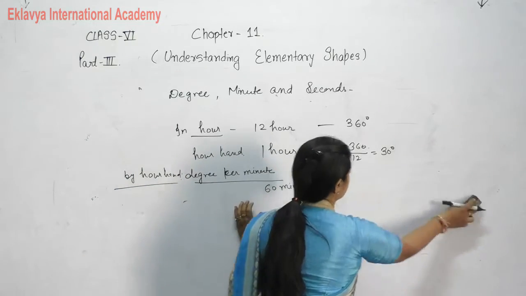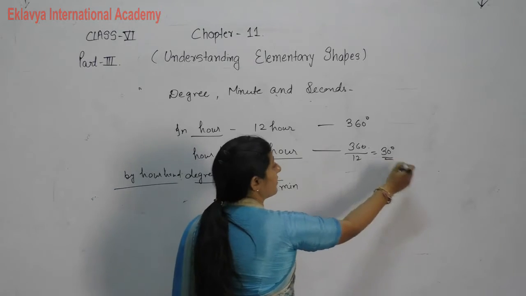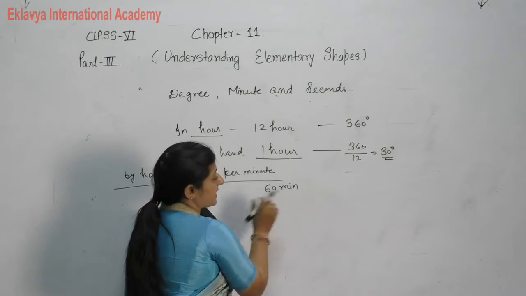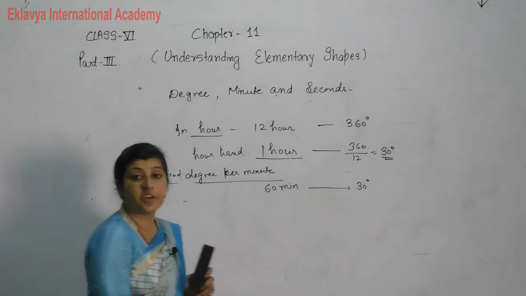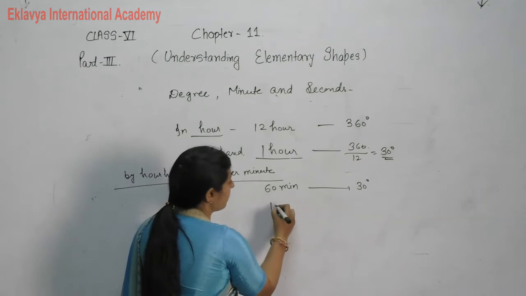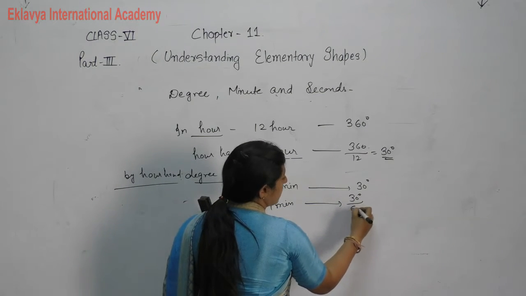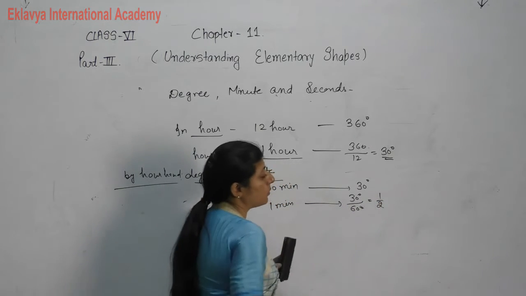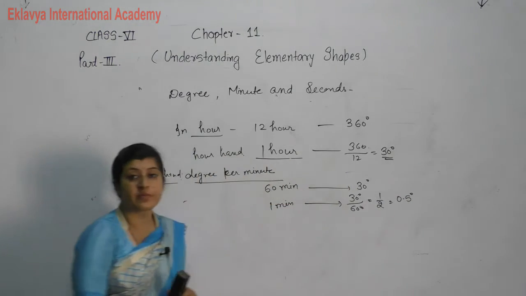In 1 hour, it makes 30 degrees. So in 60 minutes, it makes 30 degrees. It means in 1 minute, the hour hand makes 30 by 60, which is equal to 1 by 2, or 0.5 degrees.